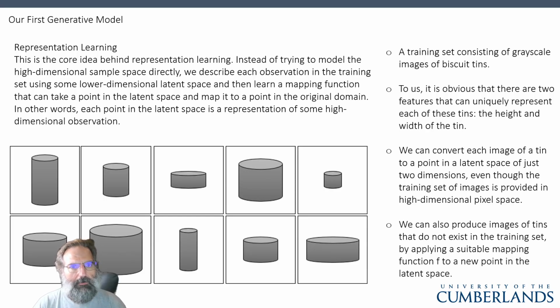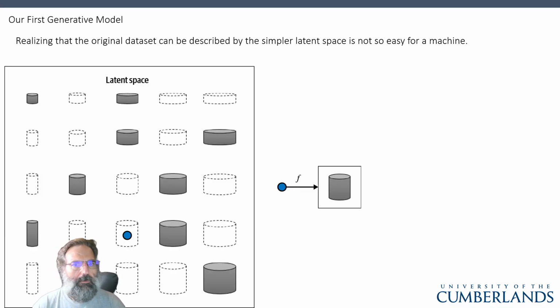So these are cylinders or biscuit tins, as the story goes, and so that we can train upon these in a simpler way, and then be able to do things against a higher dimensional image. And so the idea is that we can then describe something from the dataset in a simpler latent space.